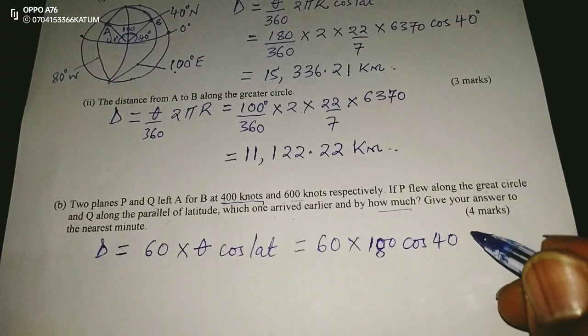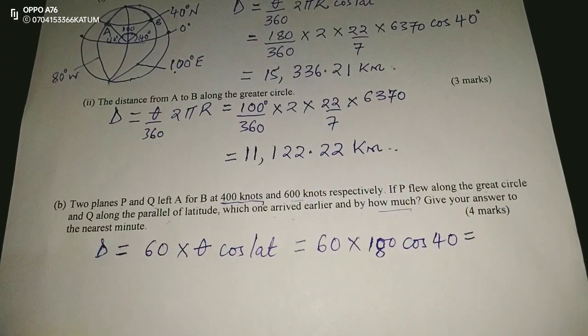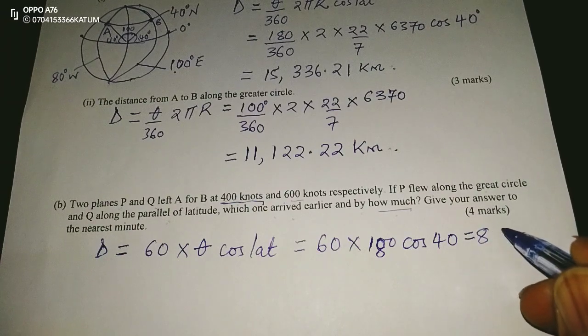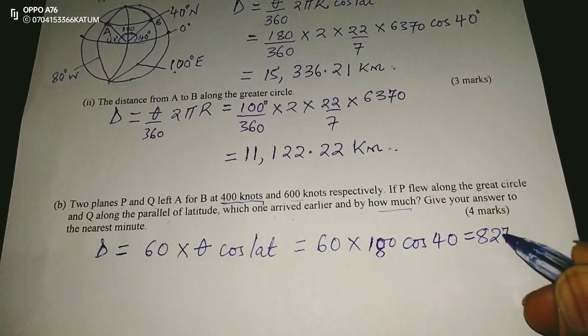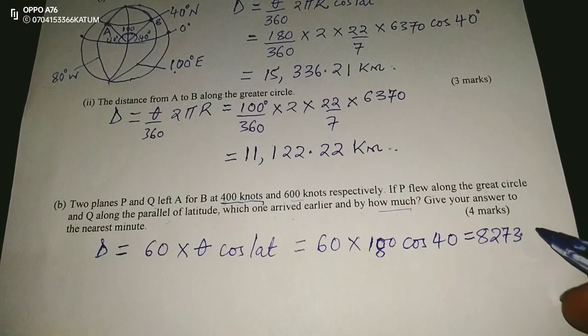When we take 60 by 180, cosine of 40, the distance is going to be 8273.28 nautical miles.